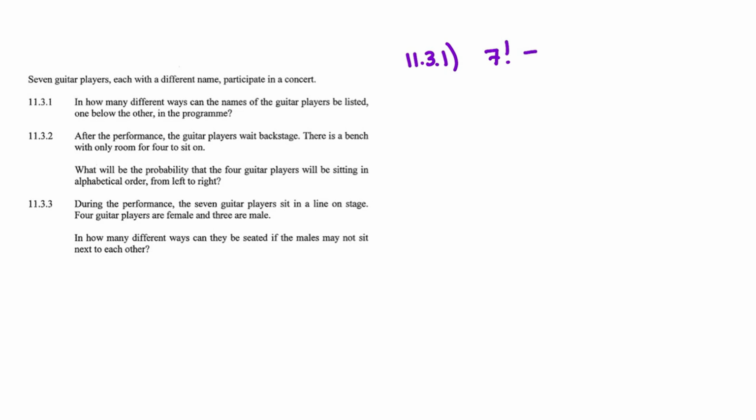So the answer would be 7 factorial, and that is 5,040 ways. Alternatively, you could have your 7 spaces and then multiply that out one at a time. So it's 7 times 6 times 5 times 4 times 3 times 2 times 1, which will also give you 5,040 ways.